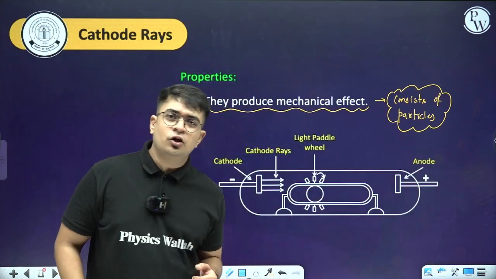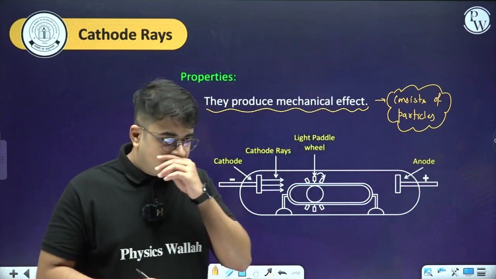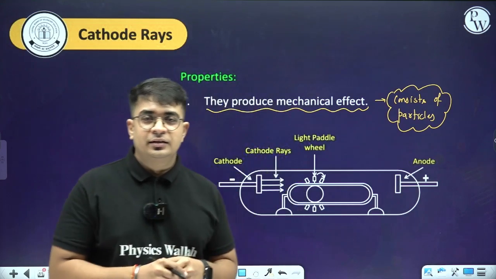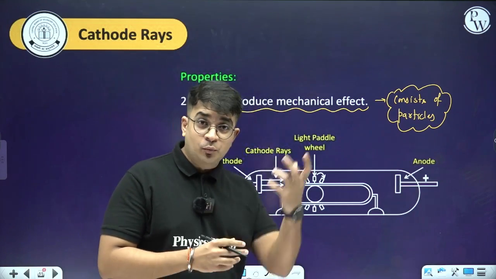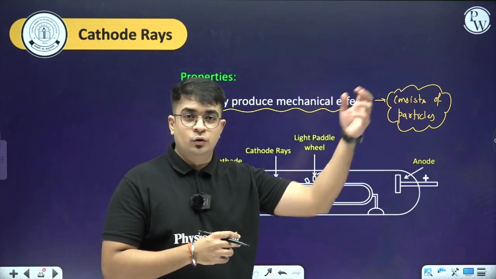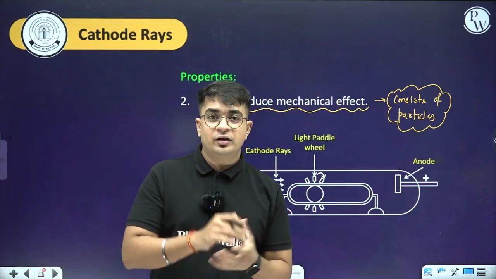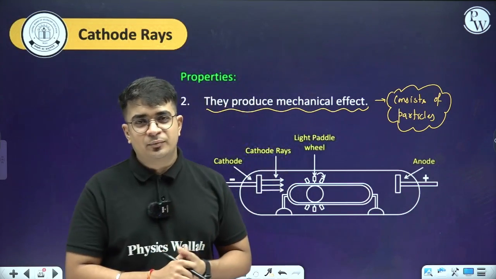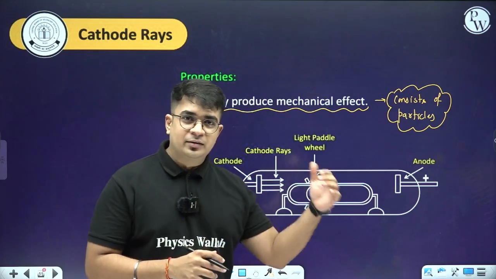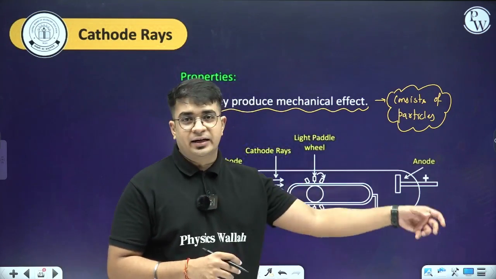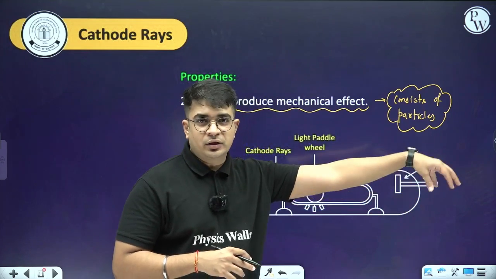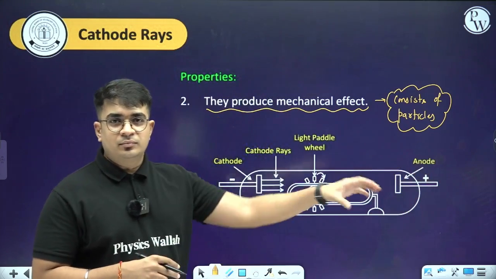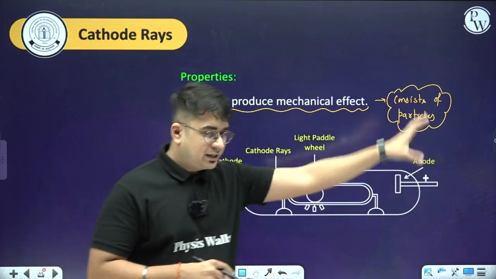But sir, what is the meaning of mechanical effect? So let's say the actual game, which is bowling. In bowling, we have to throw a heavy ball, which is supposedly of iron, or some other combination. When that ball hits the target, there are nine or ten bowling pins, or whatever it is.